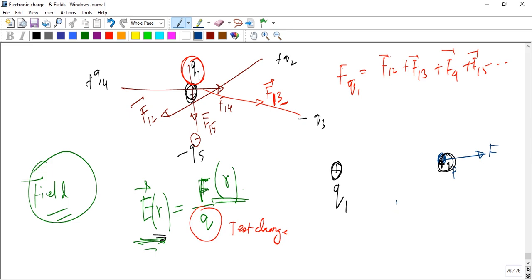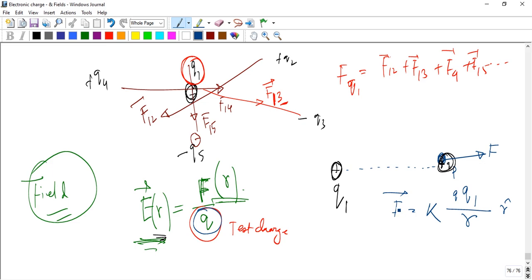That force is equal to some constant k, the Coulomb constant, times small q, the test charge, multiplied by the source charge Q1, divided by the separation r squared, in the r cap direction if you consider the vector. Now divide by the test charge.